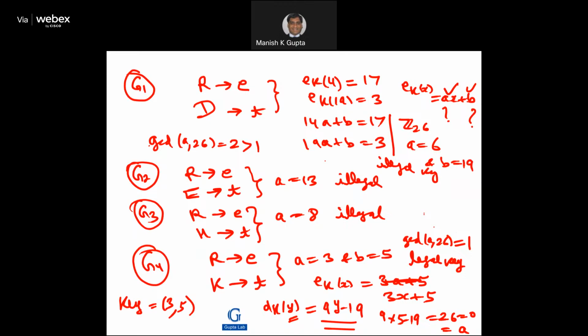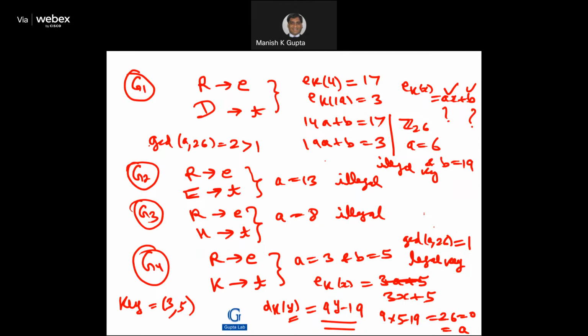Encryption of 4 is 17, R, the value 17, in the mapping. And encryption of 19, which is T, is 3, right? So encryption of 4 is 17, and encryption of 19 is 3.